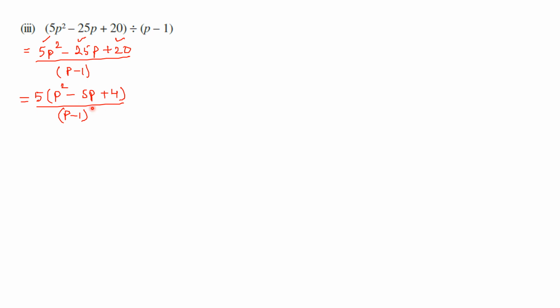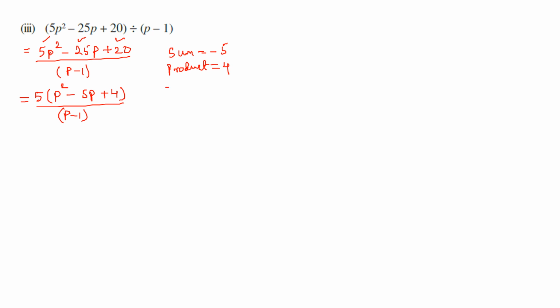So again, I have to use the middle term splitting method. So now I have to split this minus 5p in such a way that sum should be minus 5 and the product should be 4. Now just now I have given you one trick that one of the factor is in the denominator only. So in the denominator it is given p minus 1.